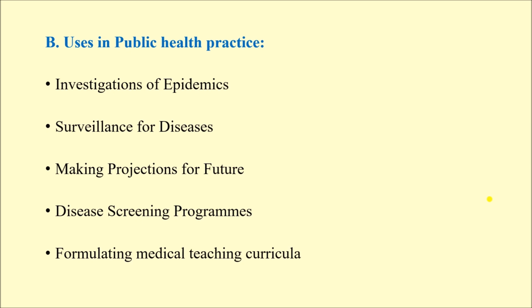Next is disease screening programs. By screening we mean to try to find out diseases in people who are apparently healthy. So, as you know, say a person with pain abdomen has gone to a doctor. After USG, he was found to have gallstone, cholelithiasis, and he was suggested for an operation.